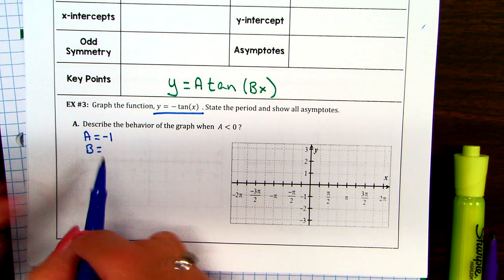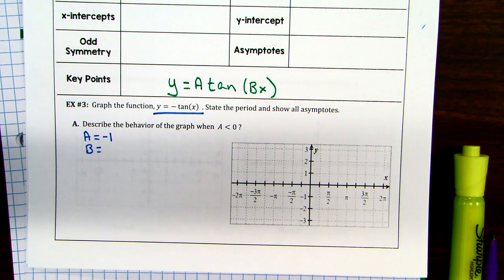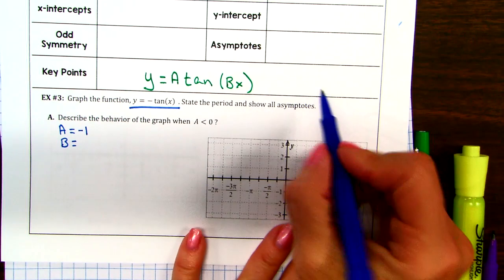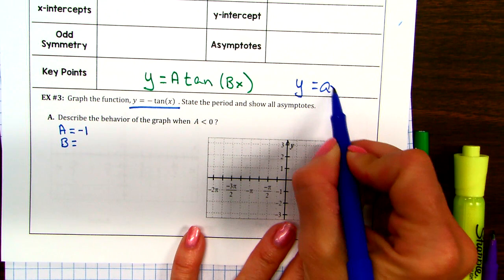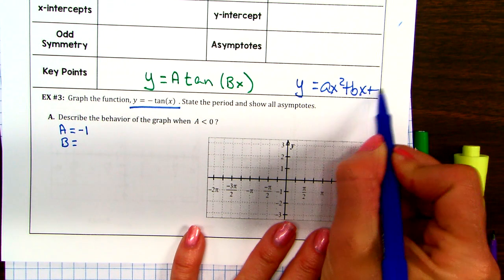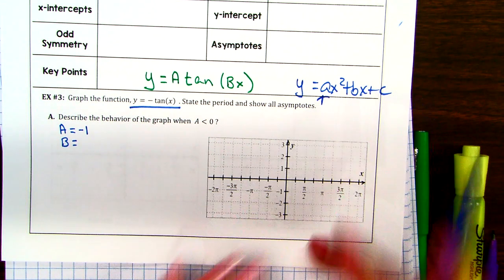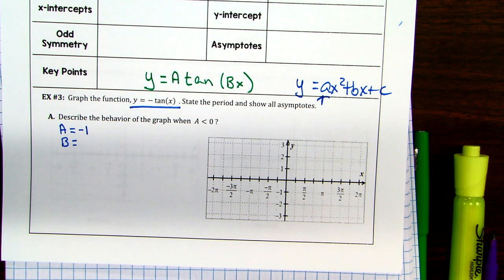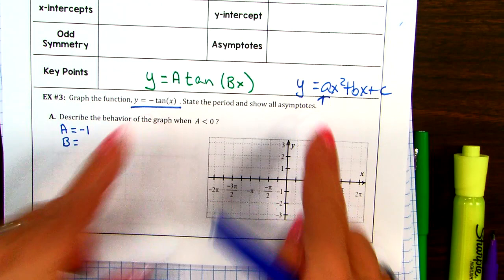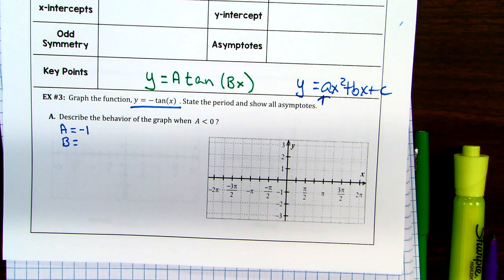It's A. It stretches your graph up or down vertically, flips your graph. It's similar to back when we did parabolas. This is a quadratic. A stretched or shrunk your graph vertically. It flipped it over the x-axis. A does the same thing in every graph. It's just with sine and cosine, A also got the fancy title of amplitude.